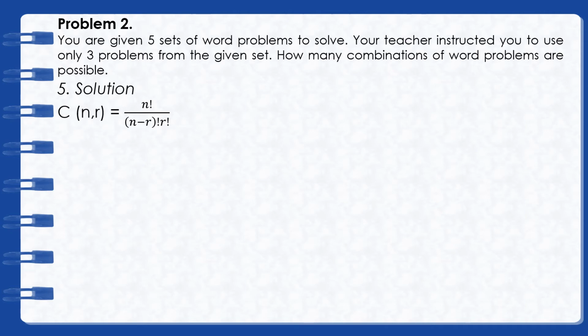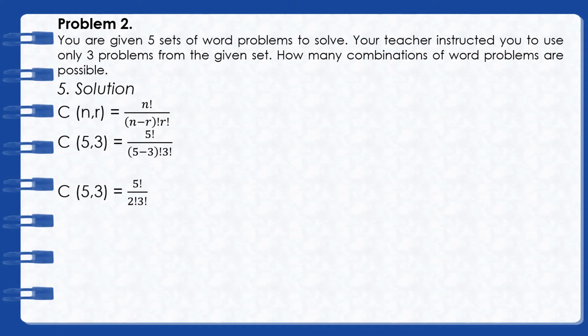Again, in permutation and in combination, the value of n is always greater than the value of r. So by substitution, we have here 5 factorial over the difference of 5 and 3 factorial multiplied by 3 factorial.